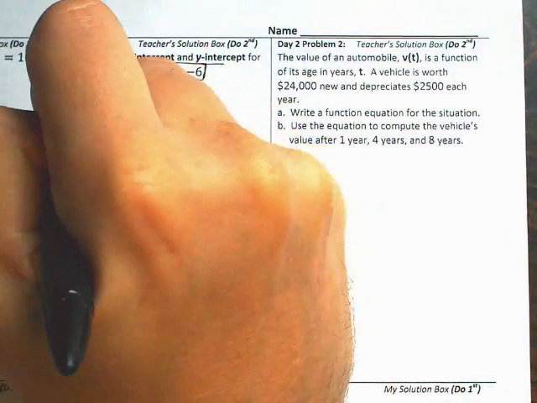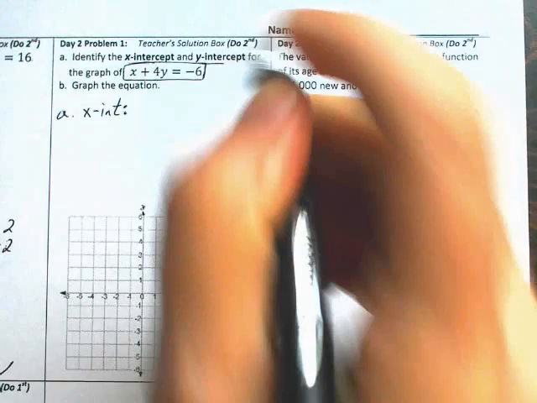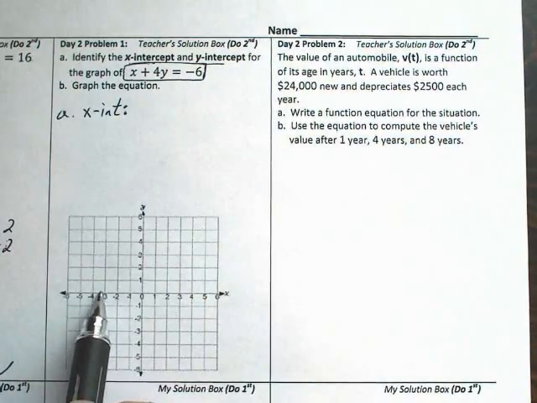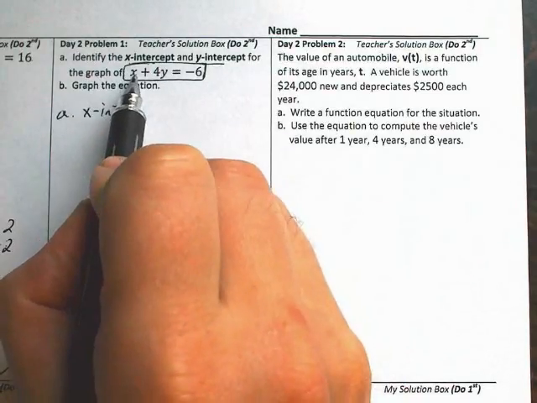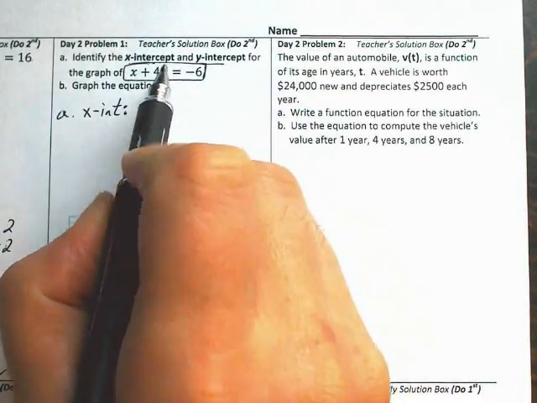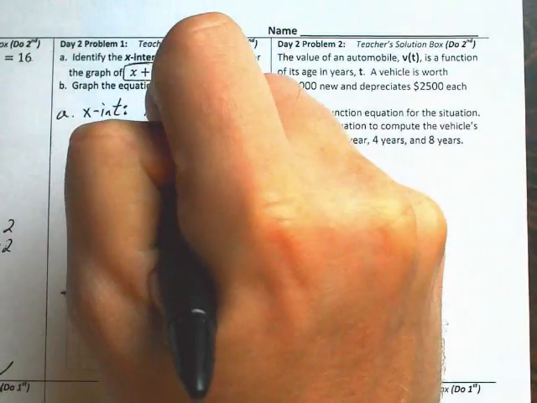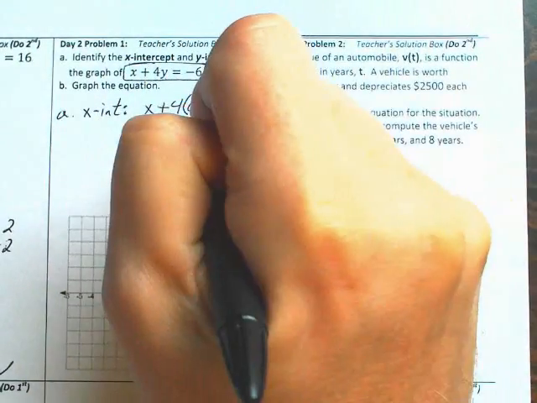Now, to find the x-intercept, we can do that by realizing that on the x-axis, any dot will have a y-coordinate of 0. And so we can take this equation and in place of the letter y, substitute 0. It will be x plus 4, and then fill in 0 for the letter y.